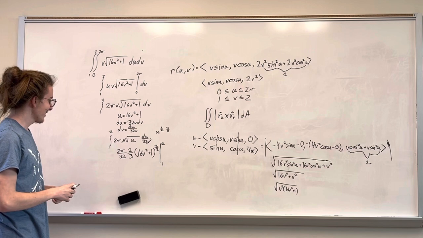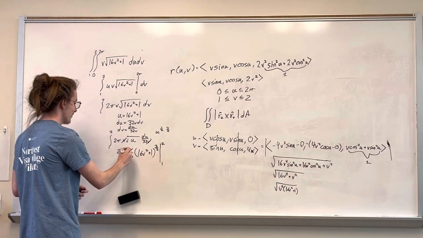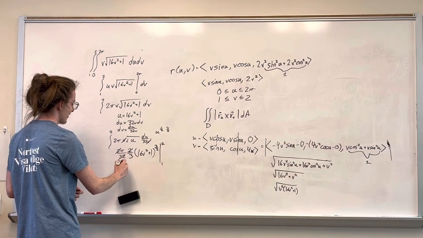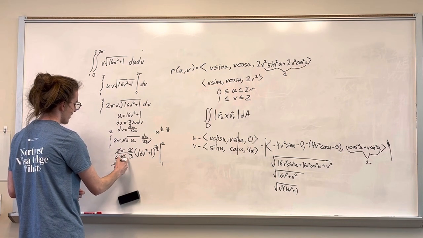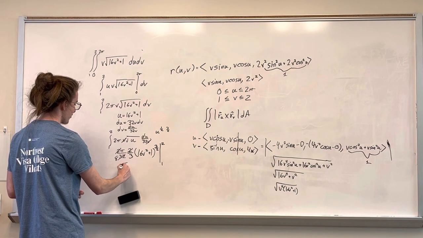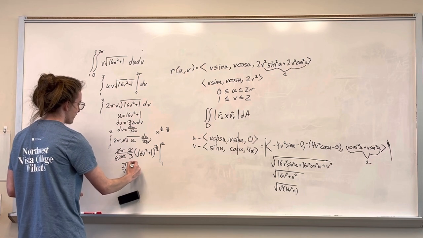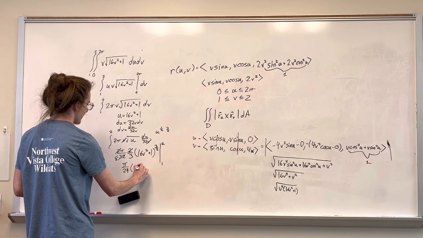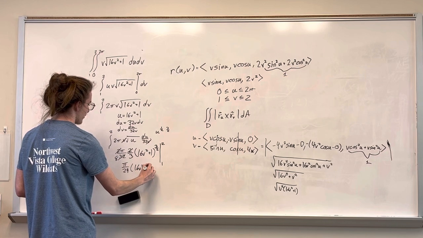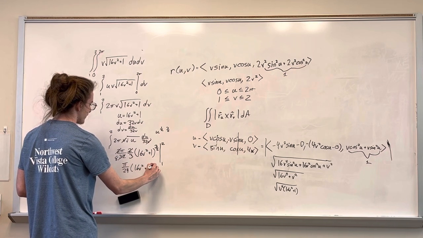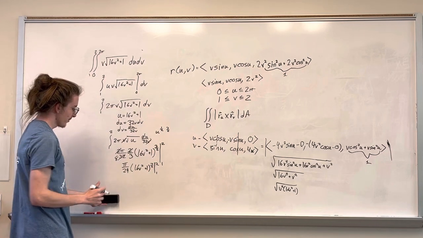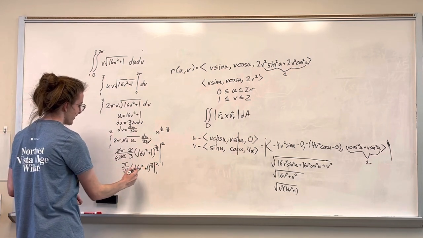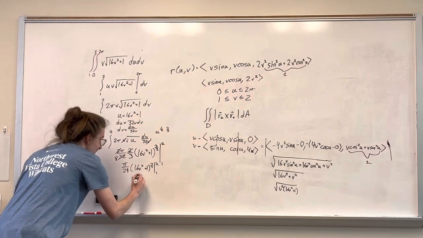Now it's just a lot of math. So that can cancel down to 8 times 3, so that's pi over 24 times 16 v squared plus 1 to the 3/2. So let's go. 2 into that would be 4, so it'd be 65.